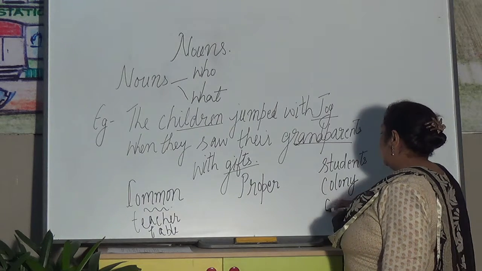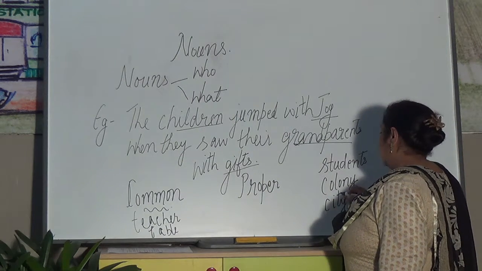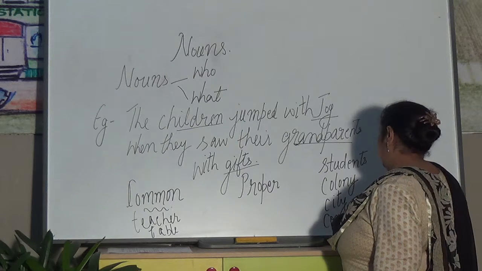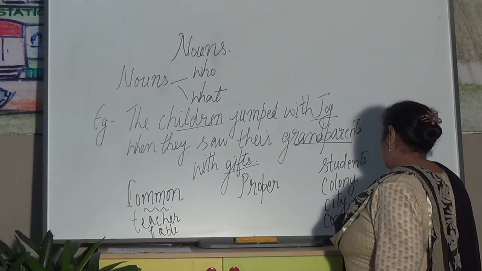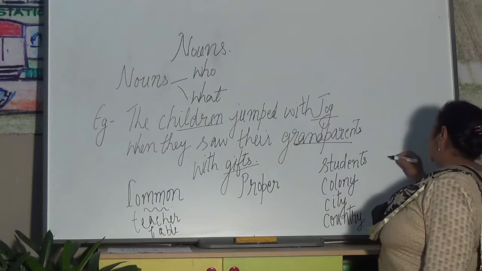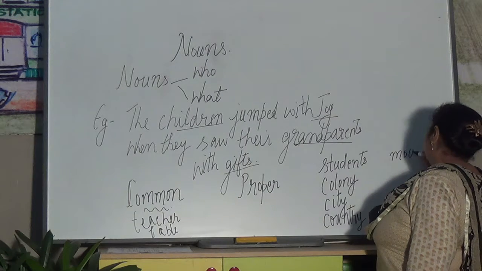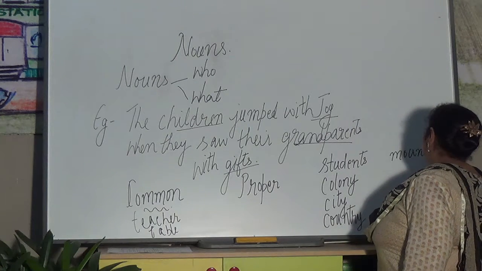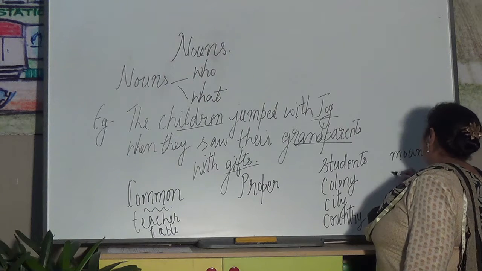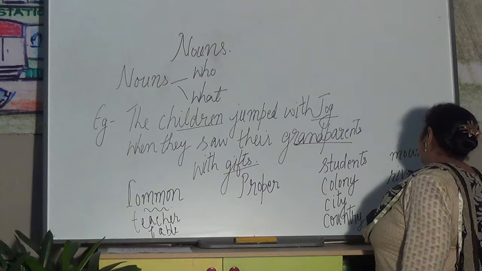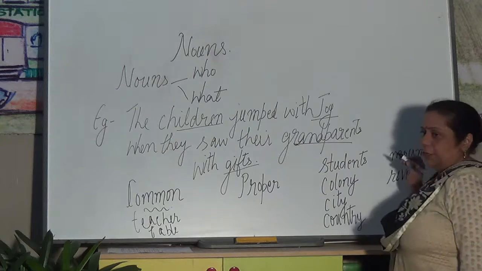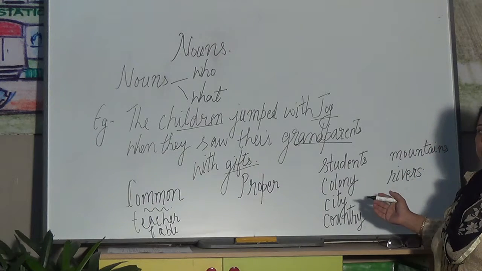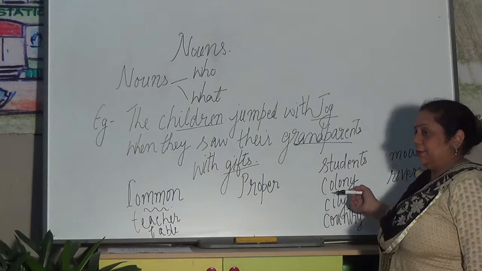We reside in a city, in a country. We often go to hill stations. We love to see rivers and lakes around us. All these are common categories of things.